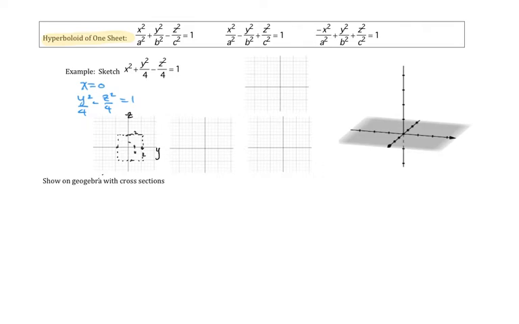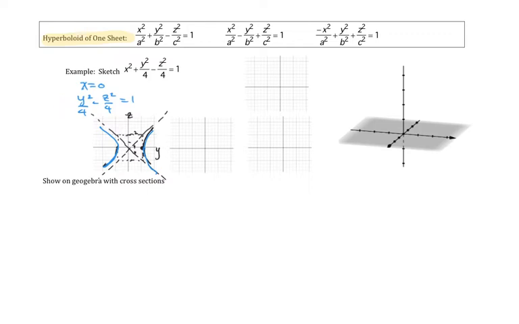And then we draw the diagonals of that rectangle very, very lightly. We have a hyperbola, and the y is first, so I always remember that as it opens in the y direction, opens about the y-axis. So we have a hyperbola that looks like this.